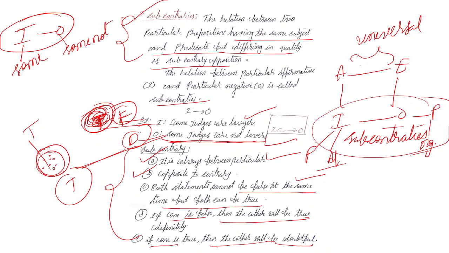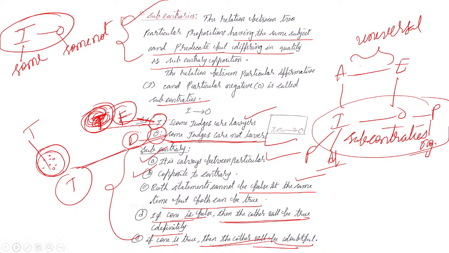So in subcontrary type statements, if one is false, then the other will be true definitely. If the I statement is false, then the O statement will be true definitely. If one is true, then the other will be doubtful. Doubtful means it may be true or it may be false. That is the meaning of doubtful.